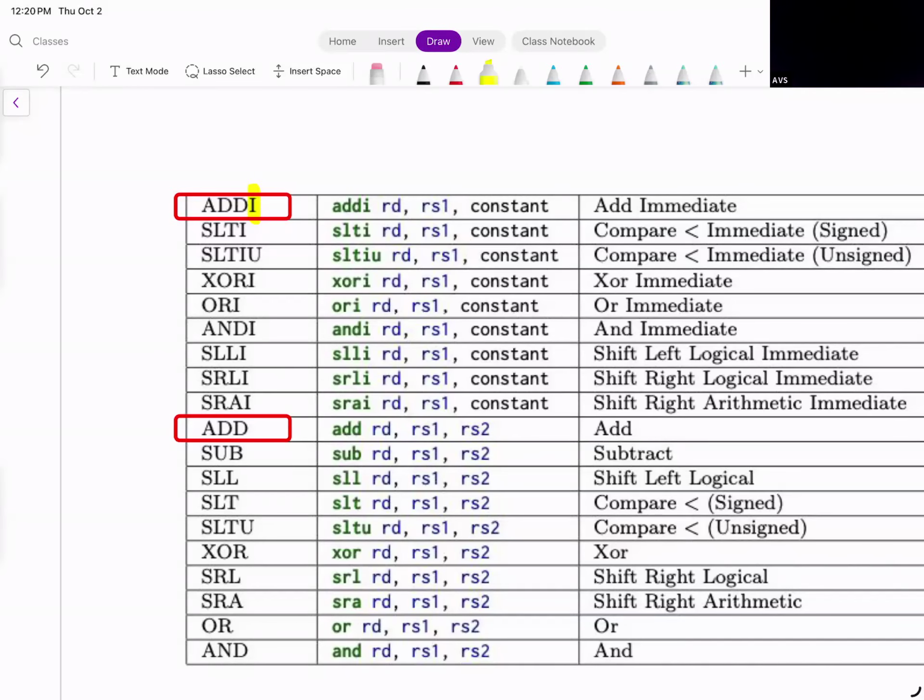The difference between add and addi is that they are the same thing, but addi just takes an immediate instead of RS2. If you look further, you will see that we have OR and ORI, which is also exactly the same. Both OR the two operands together, one with two registers, the other with a register and an immediate.